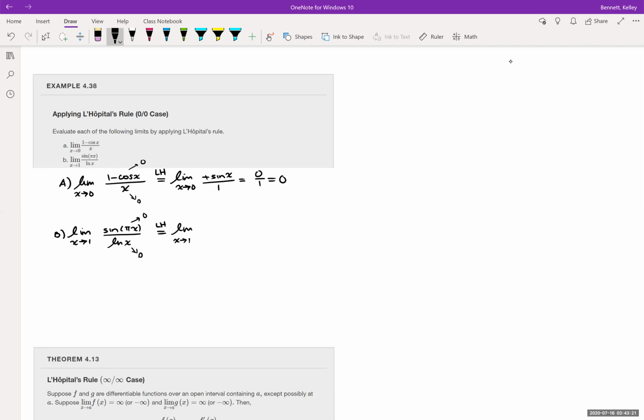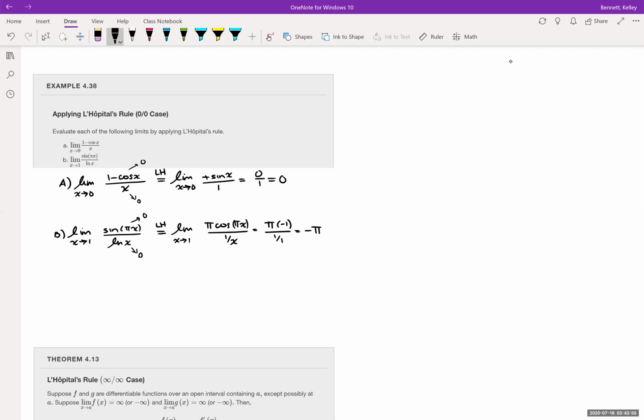So the derivative of sine pi x is pi cosine pi x, and the derivative of ln of x is 1 over x. So these are both continuous at 1. So what I'm going to get here is pi times cosine of pi, which is -1, over 1 over 1, which is just 1. So this is going to be negative pi.